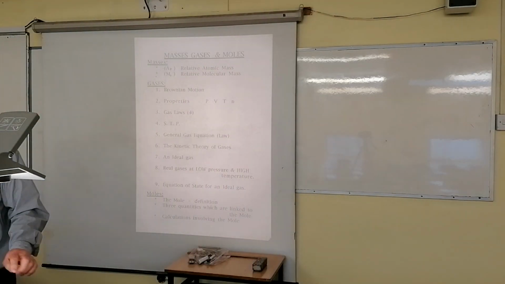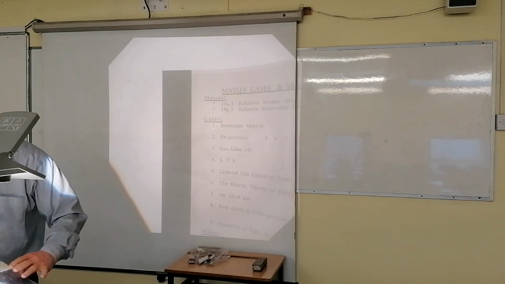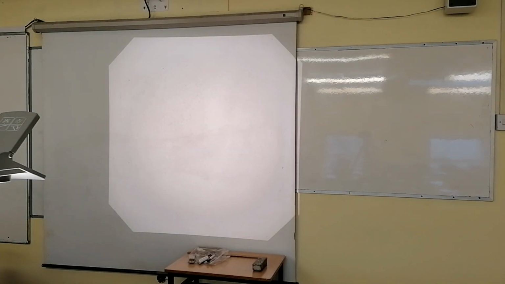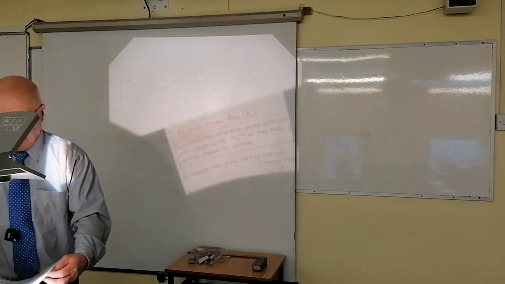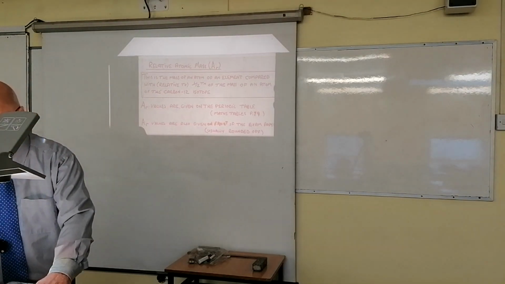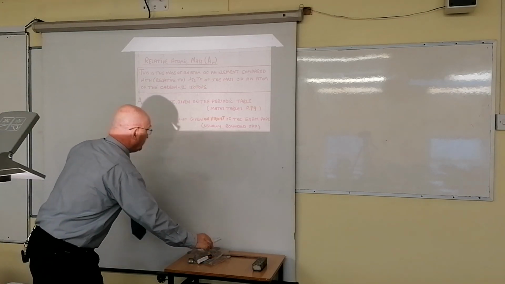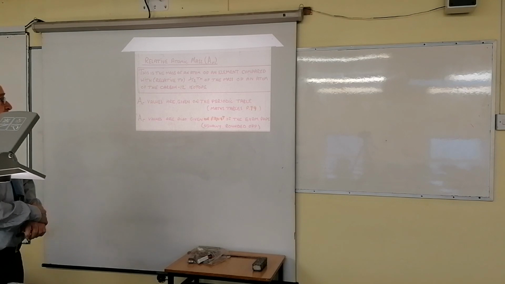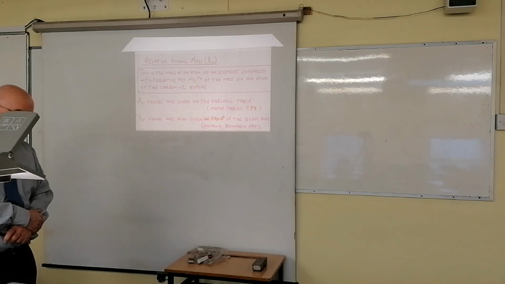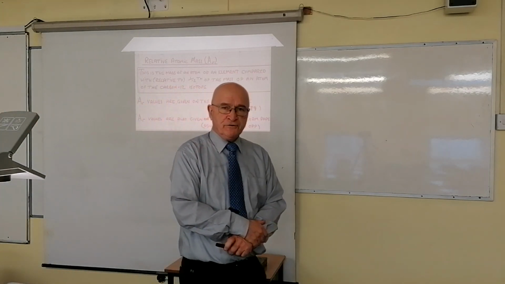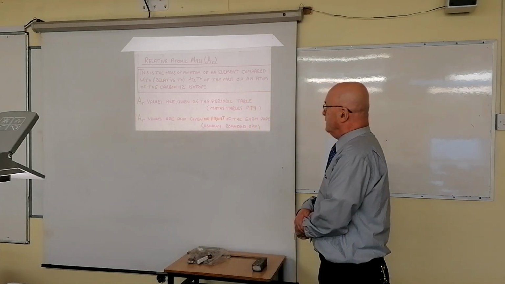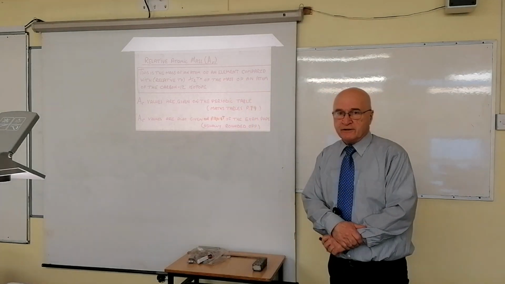Now, I'm starting with the definition of relative atomic mass. It would be very important for you to have a sense of what it means. I'm putting this on the screen for you, and I'd ask you just to be aware of how definitions are put together. This one tells you that relative atomic mass is effectively the mass of an atom of an element compared with, or relative to, an agreed unit.